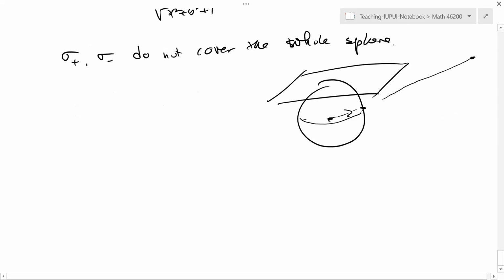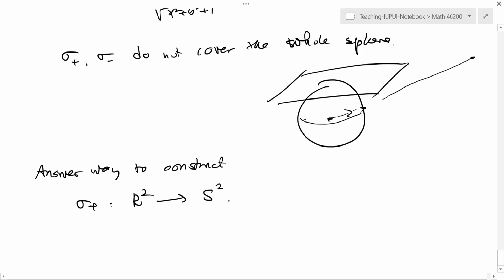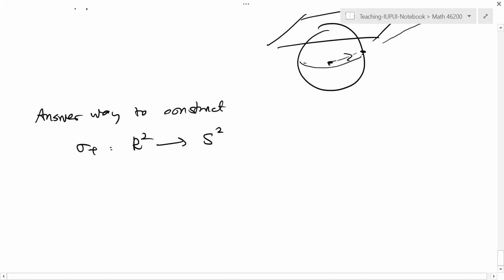If we really want to find one which covers almost the whole sphere, with one exception point, here's another way to construct another sigma. This time I'm trying to cover the whole sphere except for one point.